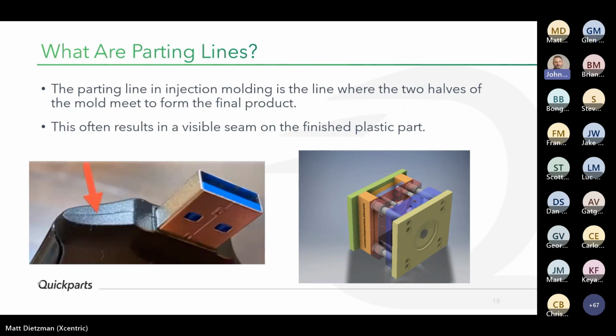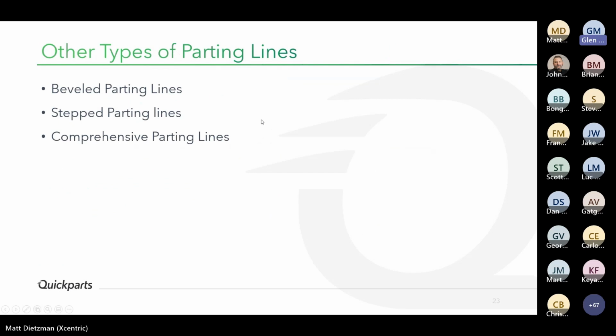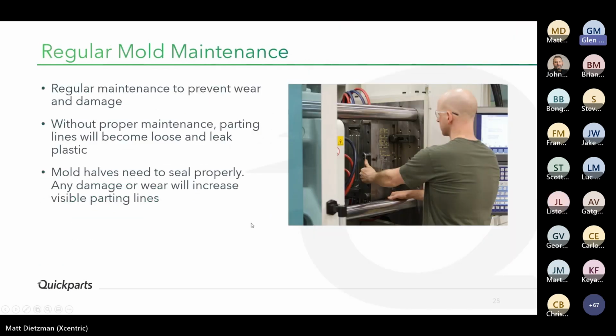But yeah, obviously, in the initial build, we do what we call spotting, which means you put the two halves together, apply pressure, and color up one half of the mold.